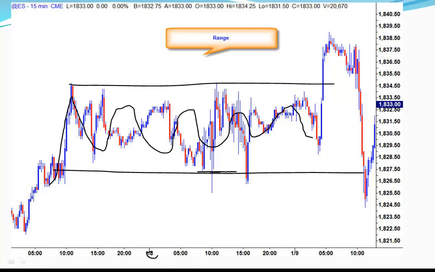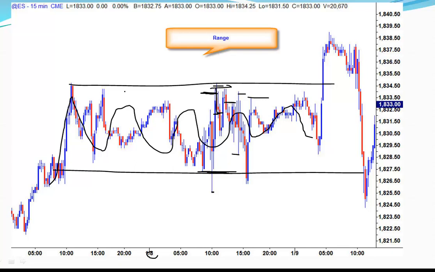Do you sell here? Do you buy here? Do you sell here? It's just a spiky environment. As you can see, these little spikes, these are erratic movements in price, which really do not allow for profitability. It's the type of market, if you were to say you wanted to short it here because it's so fast, by the time you enter, it's here. By the time you look to get out, you're here.